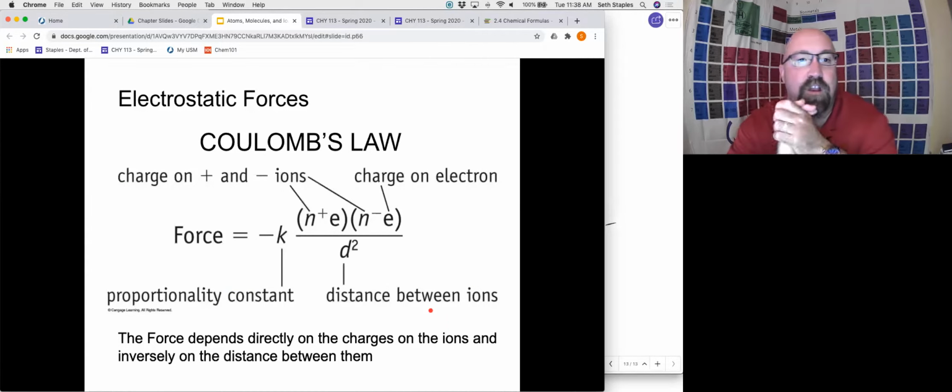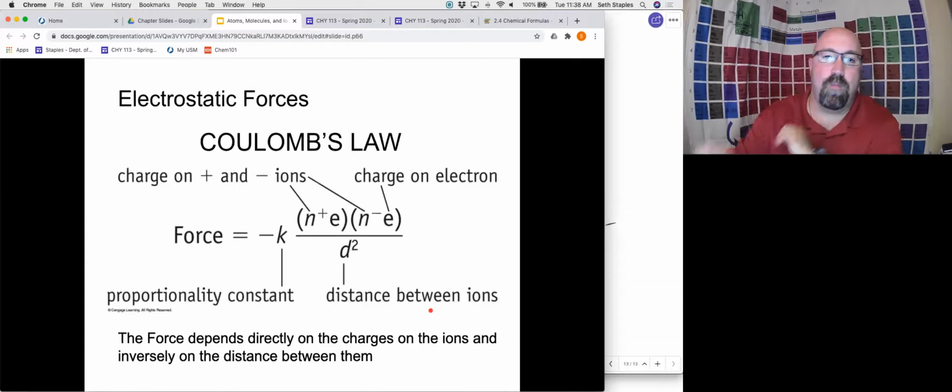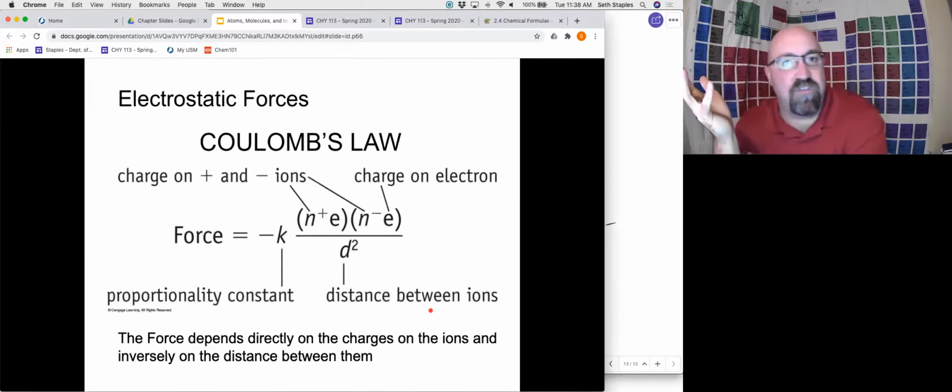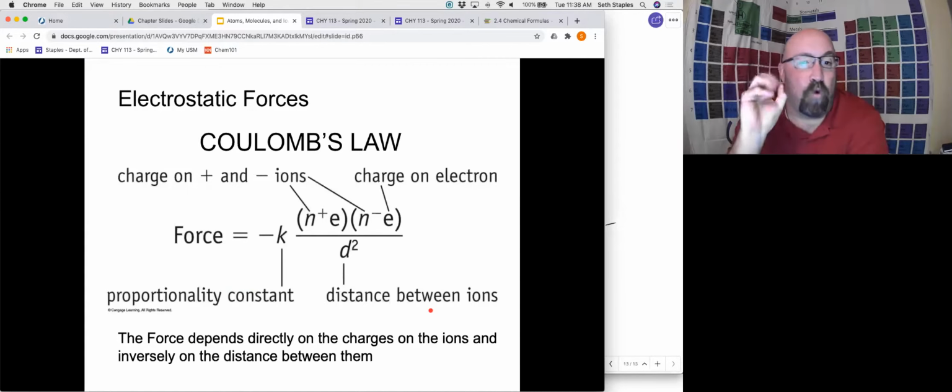Electrostatic forces are governed by something we call Coulomb's law. We're not going to work with any calculations with Coulomb's law for this class. Those of you taking physics will definitely be working with Coulomb's law a little bit. We're just using it to demonstrate the force of attraction that's holding ions together in an ionic compound.